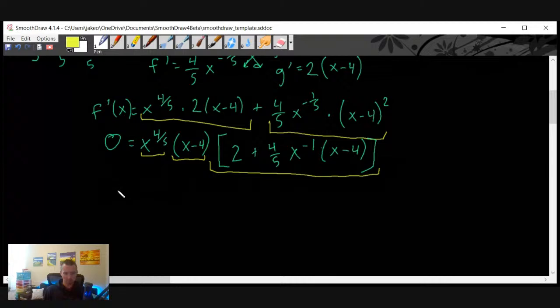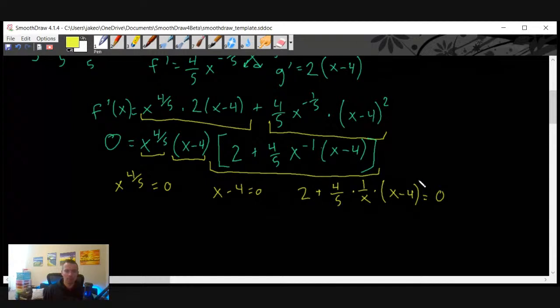So as a result, what we can do here is we can say these 3 separate problems of x to the 4/5 equals 0, x minus 4 equals 0, and then this whole piece here. So 2 plus 4/5 times 1 over x, because x to the negative 1 is the same as 1 over x, times x minus 4, all equals 0.